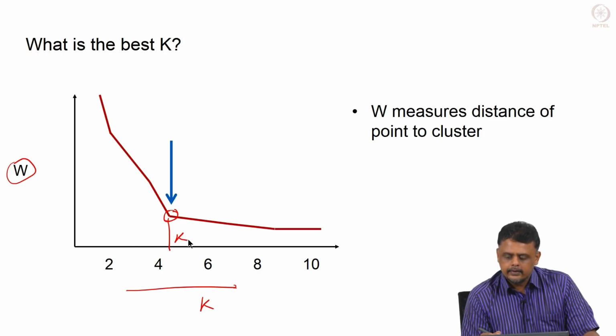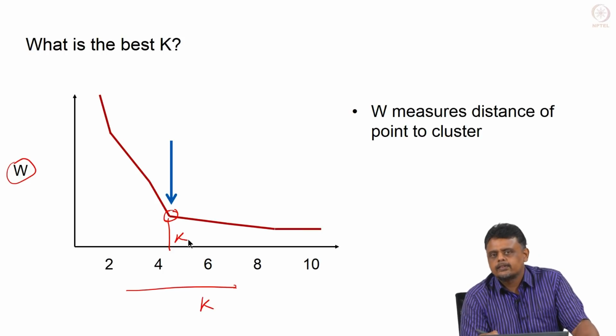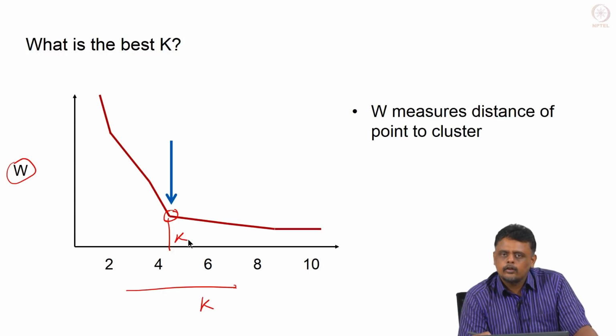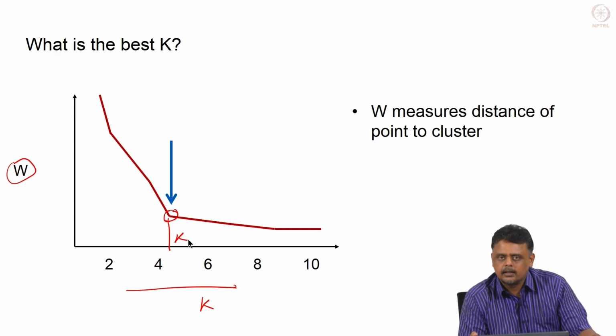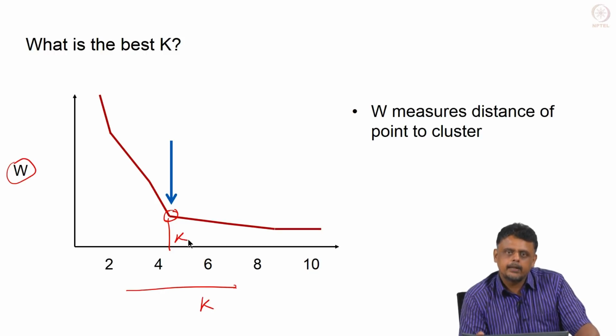So, there is another problem that we also talked about, wherein we were saying that if we had different initializations, then we would typically end up with different clusters, right. So, then how do you figure out which is the best possible clustering that we have obtained?